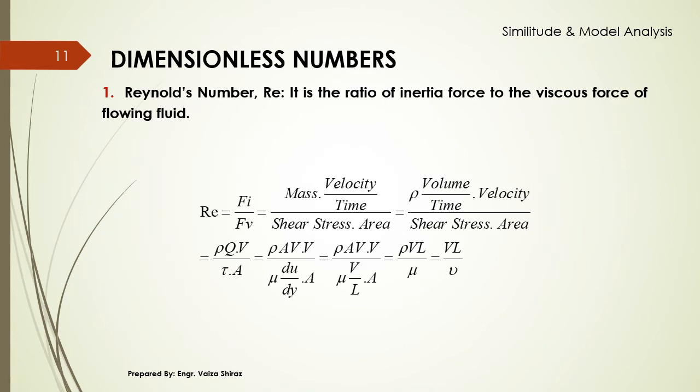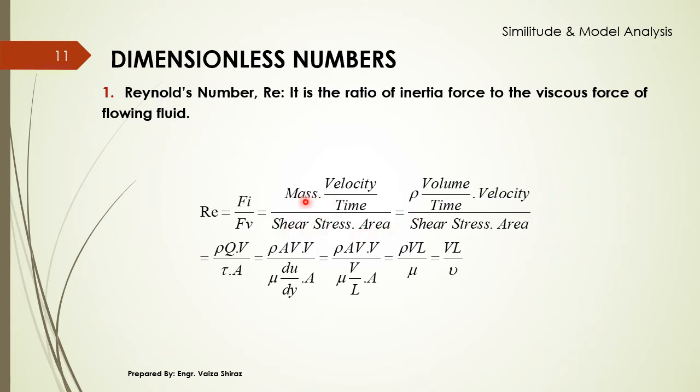Starting with the Reynolds number, it is the ratio of the inertial force to the viscous force of the flowing fluid. So Re is the ratio of Fi and Fv. Fi is the inertial force, which is the product of mass and acceleration, and the viscous force is the product of shear stress and area.